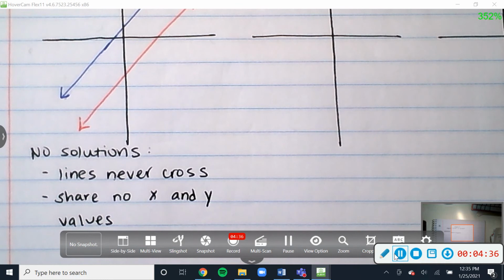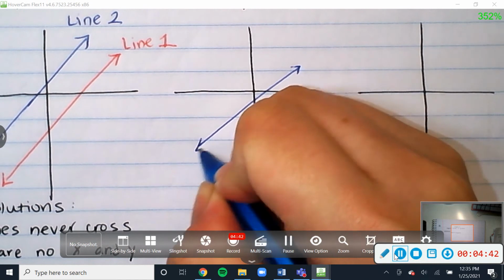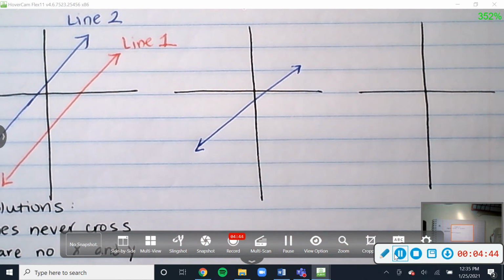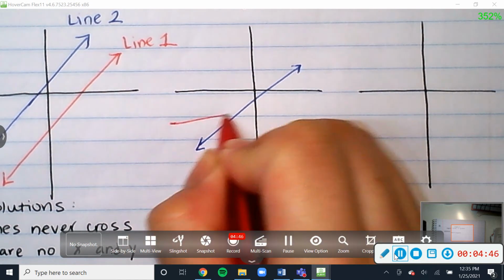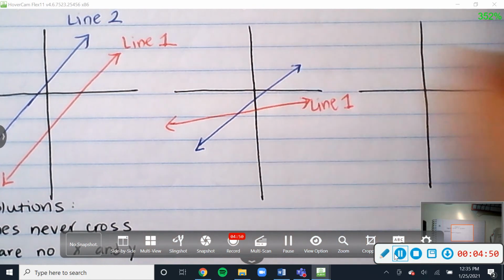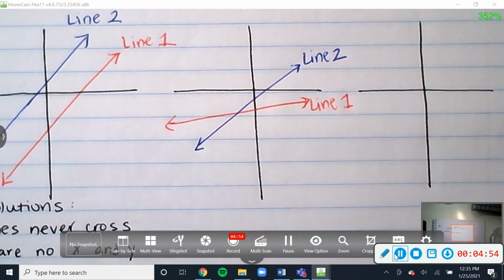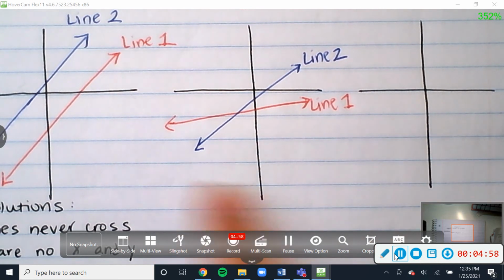Let's take a look at our second example right here. Let's say line 1 looks like this. Now I kind of reversed the colors here. That's fine. So red will be line 1 again, blue will be line 2. Now it looks a little bit different. You can see now they are crossing each other.